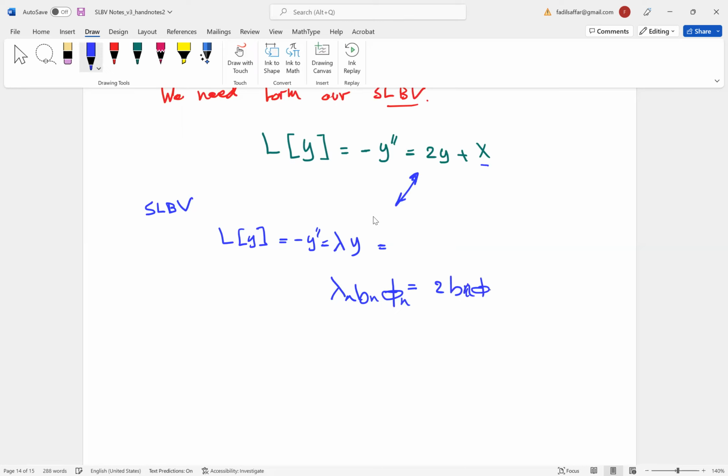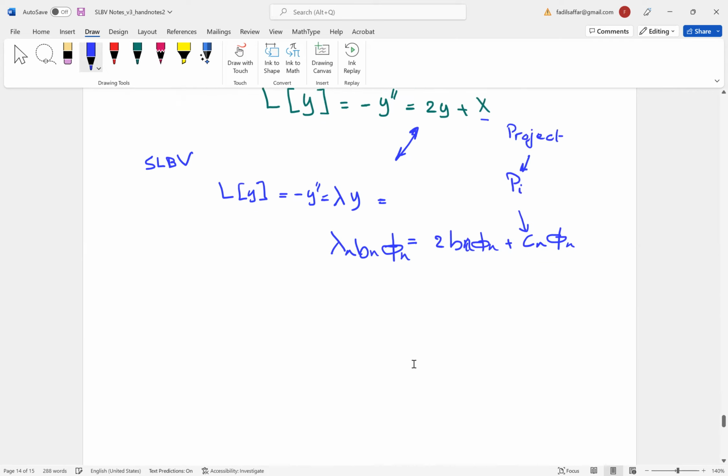And that one, again, needs to be an expansion of eigenfunction. We already expanded that one. And let me call it Cn Pn, where this Cn is actually what I wrote before as Pi, which is the projection.